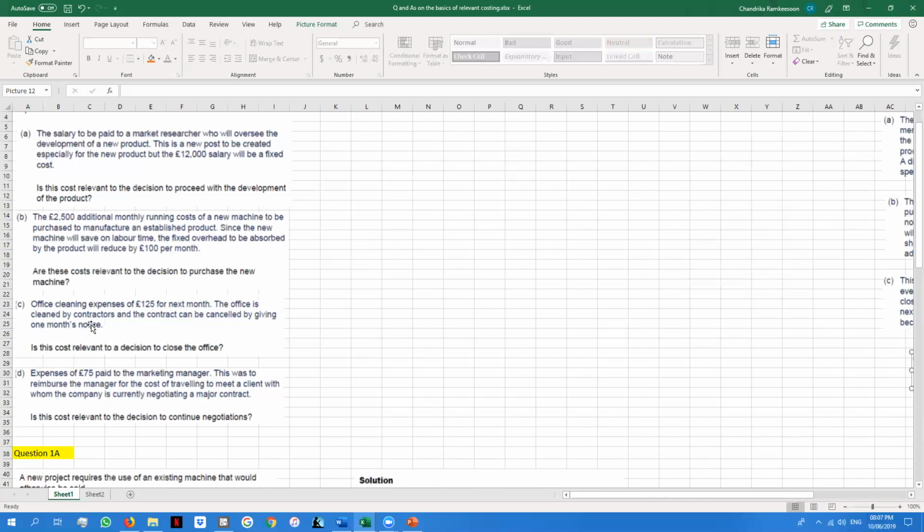Now, C is a tricky one. It's something that we need to look at in a while. And again, this is why those three qualities or criteria must always exist for a cost to be relevant. C says office cleaning expenses are $125 for next month.